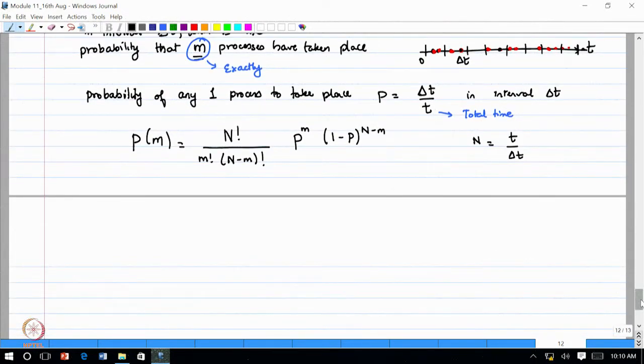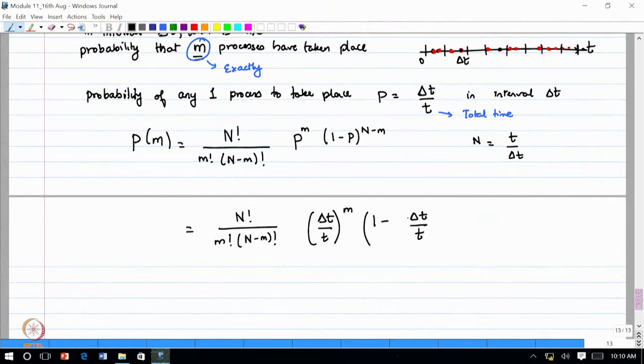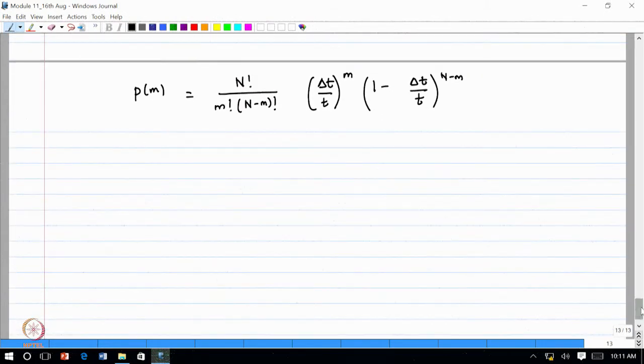Now the basic idea of a Poisson distribution is that in each interval the probability of the process taking place is identical.